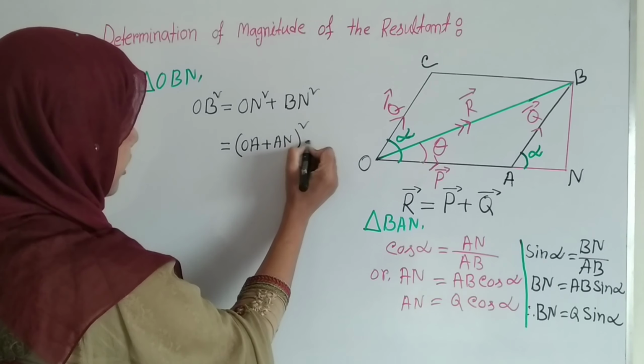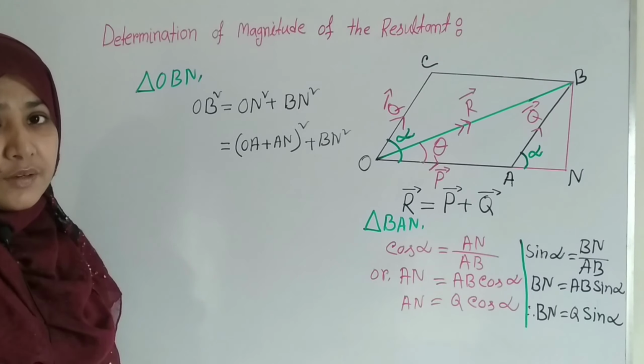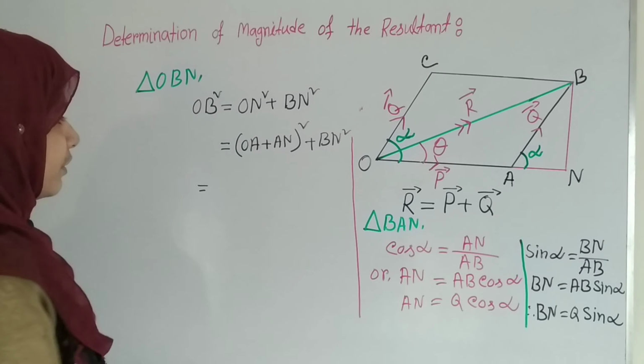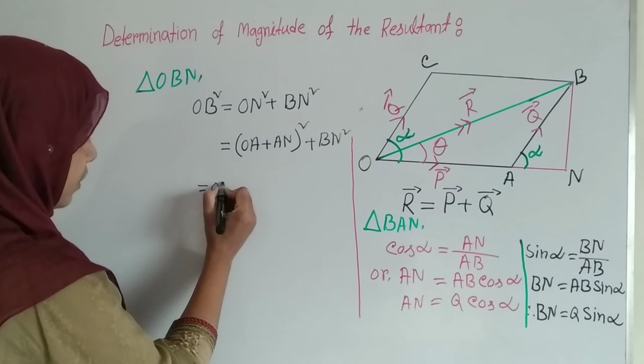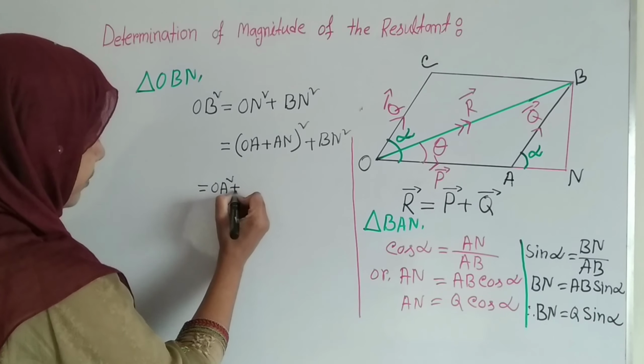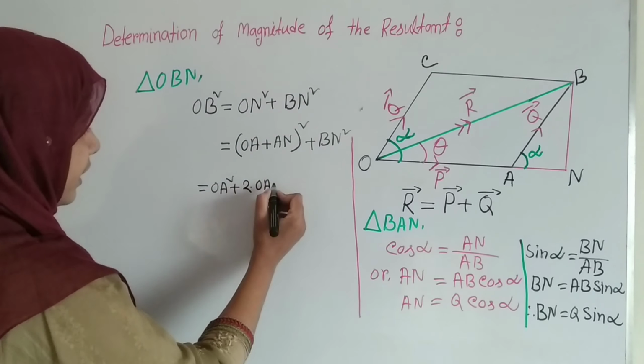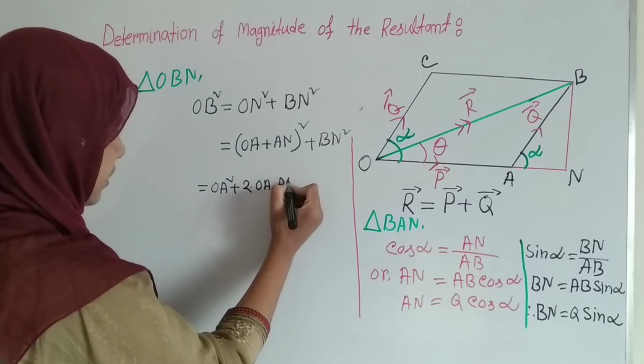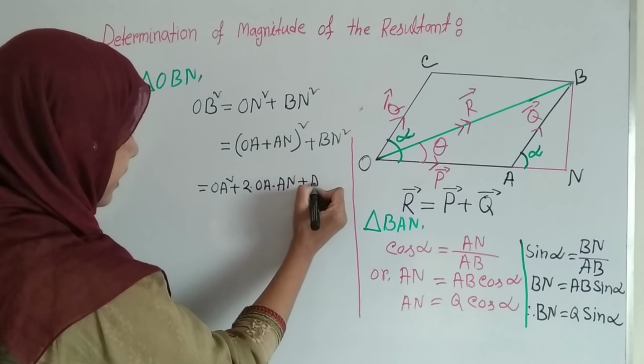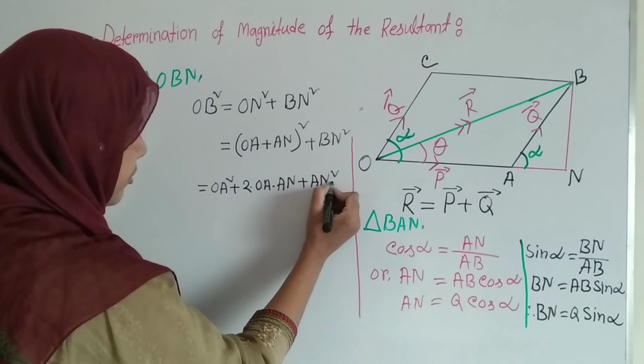Now OA plus AN is the (a plus b) whole square formula. The equation will be OA square plus 2 into OA into AN plus AN square plus BN square.